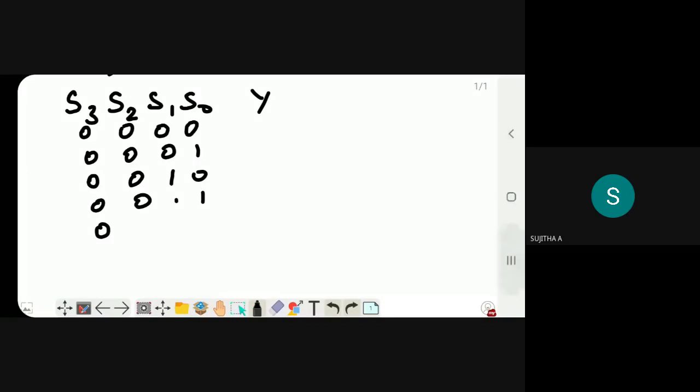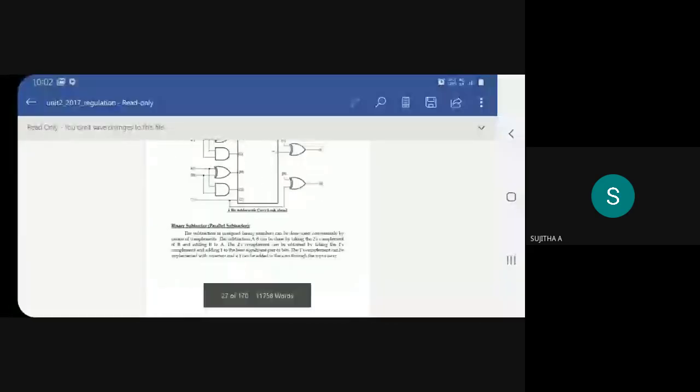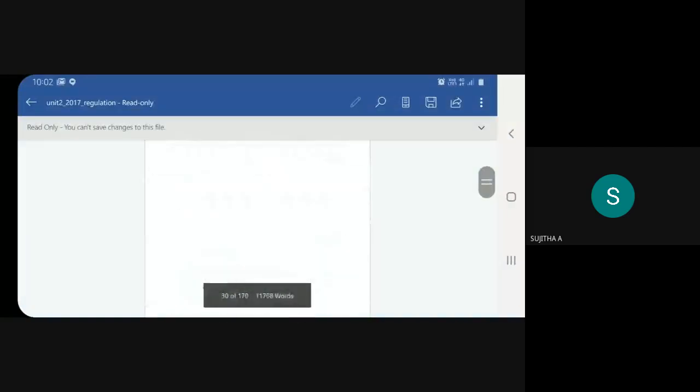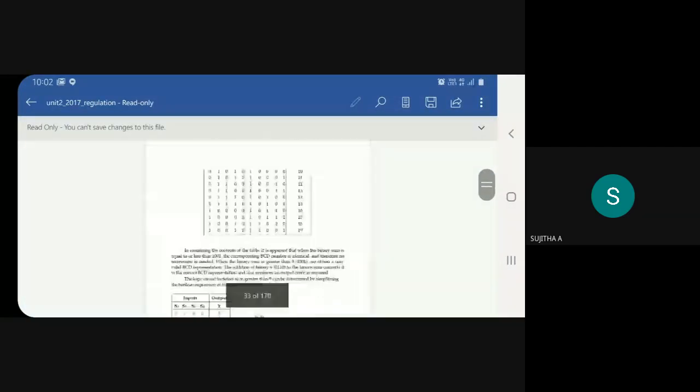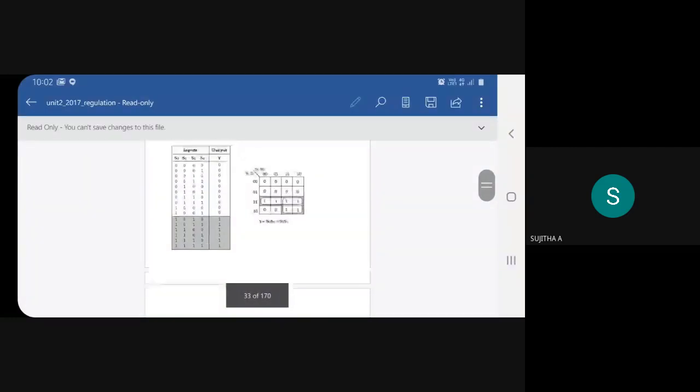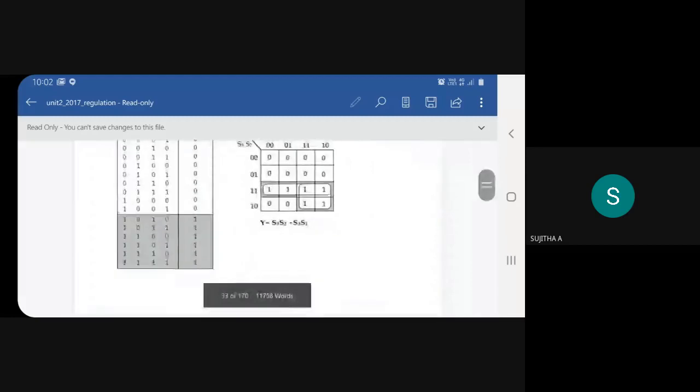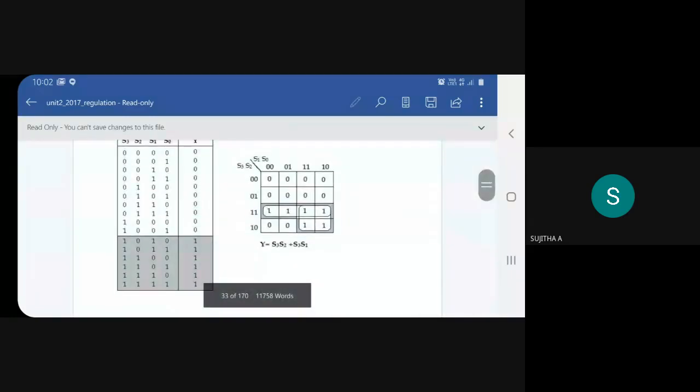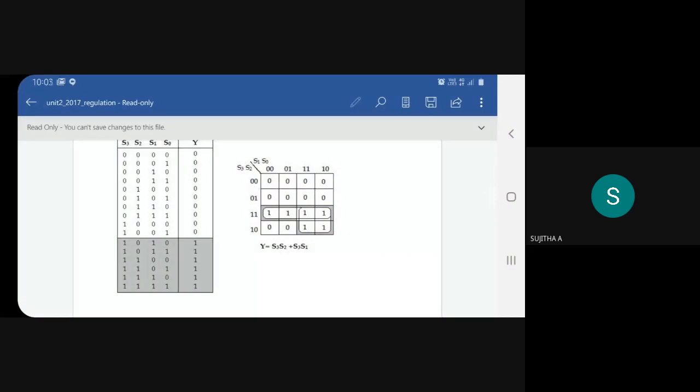If you understood the previous point, we will go directly with this. Okay, here it is. This is the truth table. Till 1001, its carry is 0, that is, its output is 0. From 1010 to 1111, we will get the carry as 1. Have you understood this truth table?